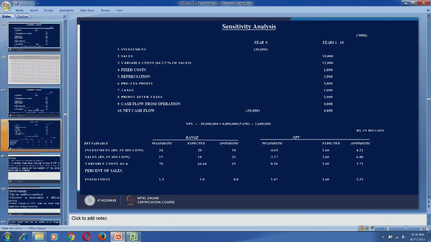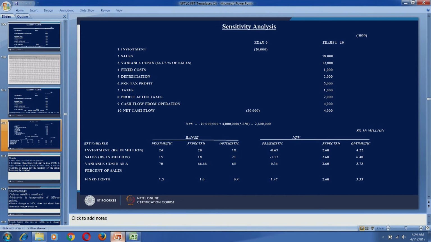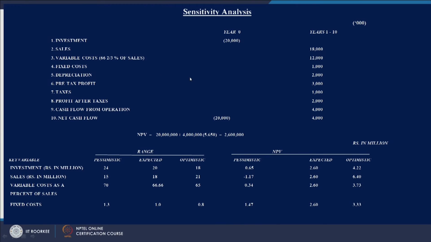Right. In fact, these values are exactly correct, right. So just take these values as final values, right. Okay. So let us move on to next analysis.